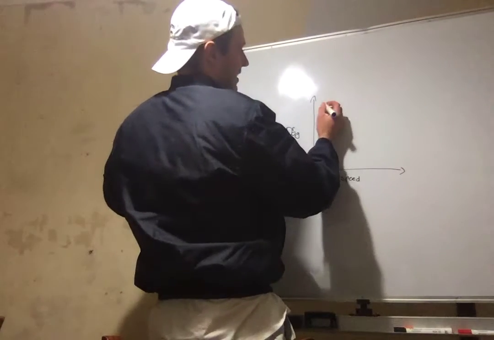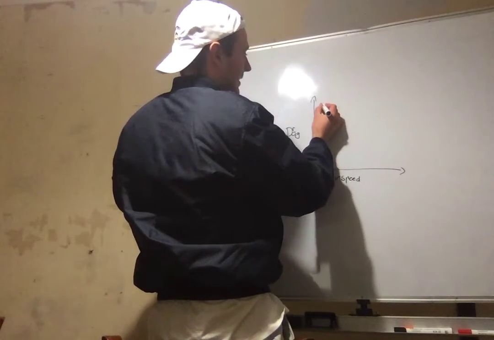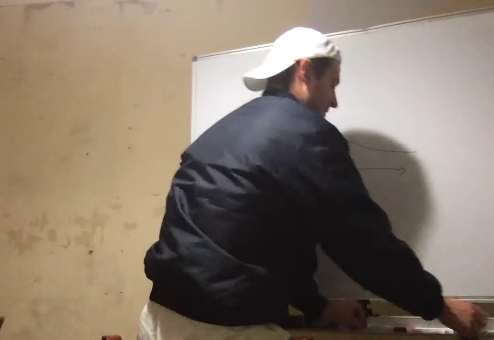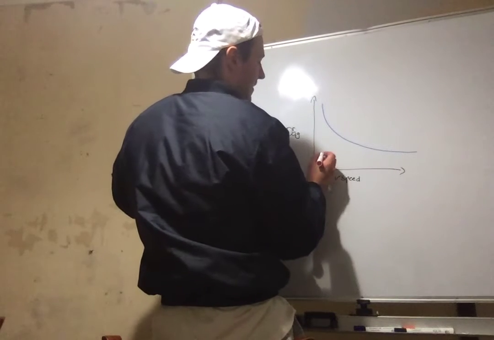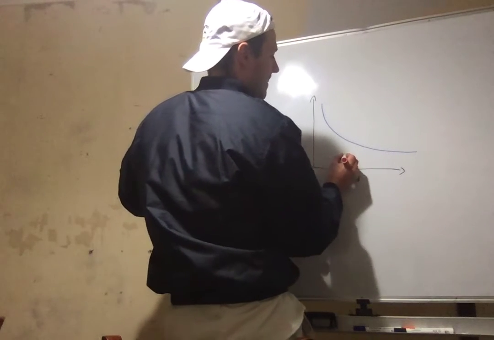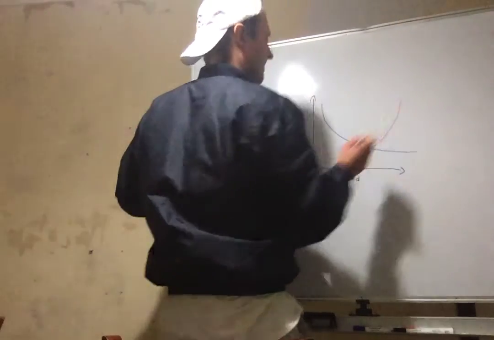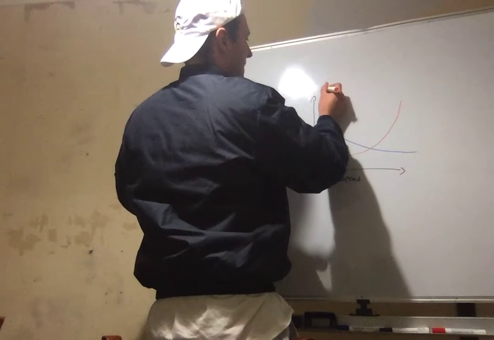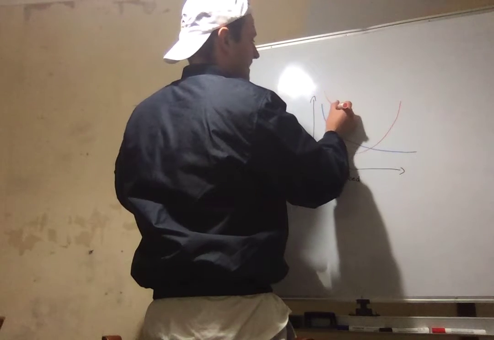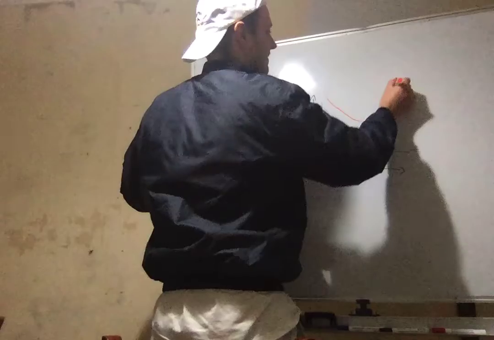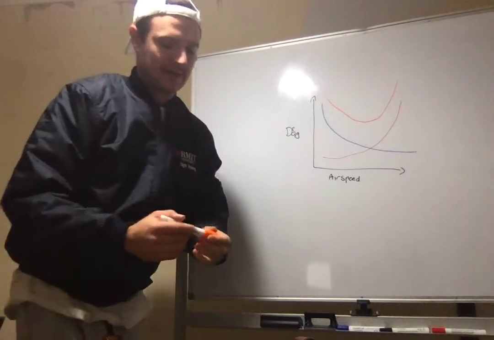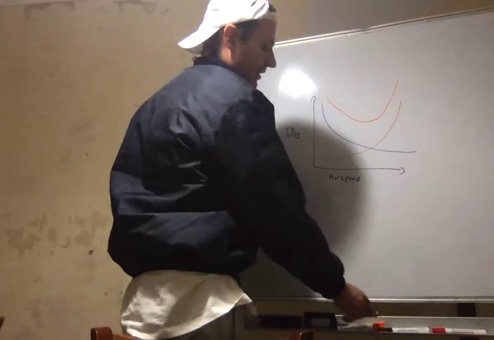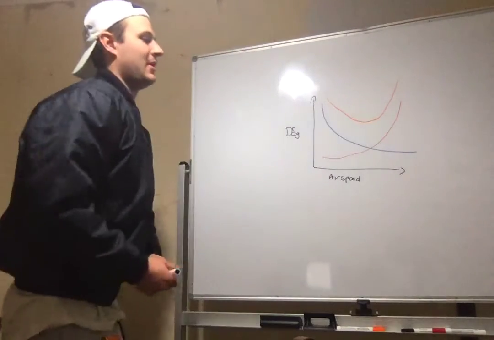Now, there's a couple of drags that I'm going to use just quickly. Now, I'm sorry my graphs may not be exact, but for the purpose of this exercise, it will do.